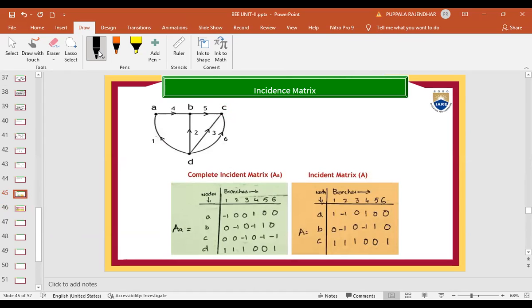How to get the incidence matrix? Just by removing one row. But which row? It's better to remove the row corresponding to the reference node. How do we choose the reference node? The node which is connected to more branches is better to choose as the reference node. So D is the reference here. Remove D here. The remaining matrix will be the incidence matrix.